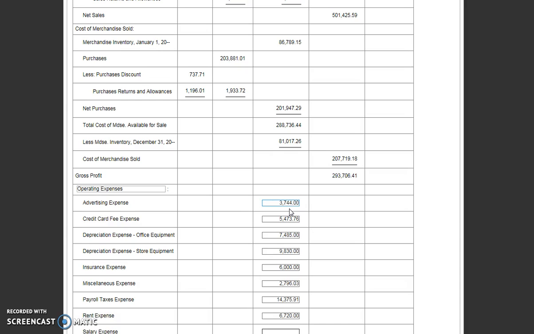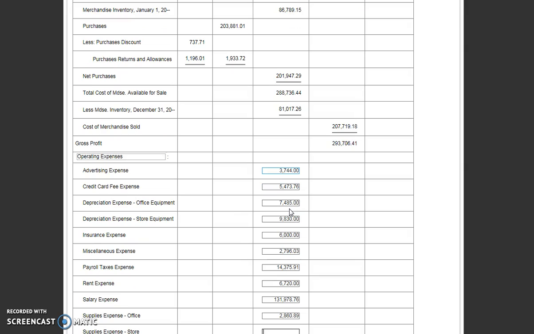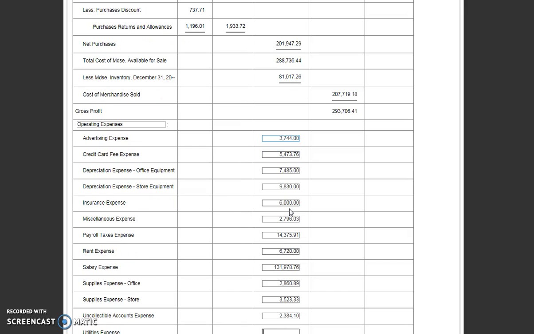big one, salary expense, supplies expense office, supplies expense store, uncollectible accounts expense, and utilities expense.